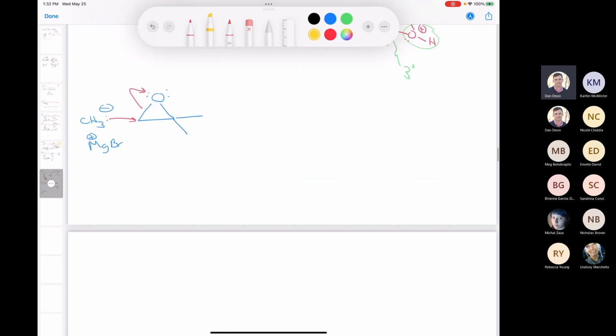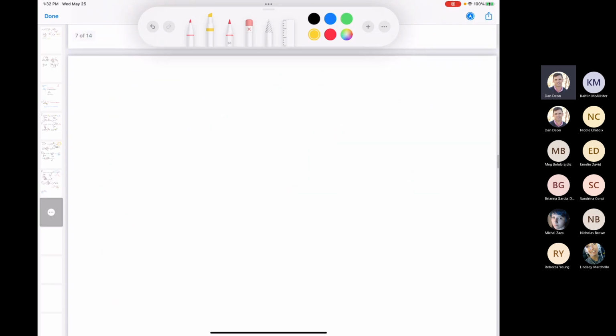On Monday, when we first started this chapter, the first thing I told you when we were on the introduction slide is that it's not easy for students to remember, if you have an epoxide and you treat that with any kind of strong nucleophile, like some of the examples that they gave you, a thiolate like this. The thiolate is a strong nucleophile. Let me just make that same old epoxide, right?